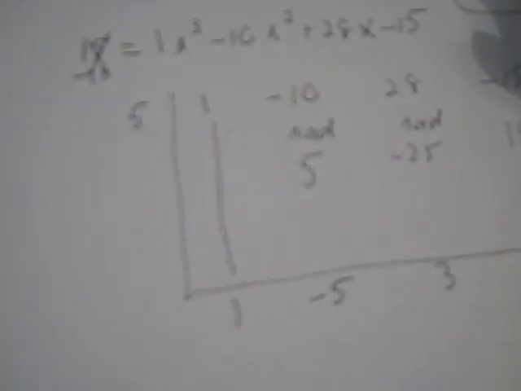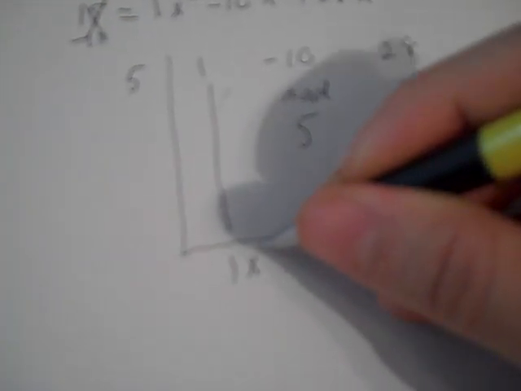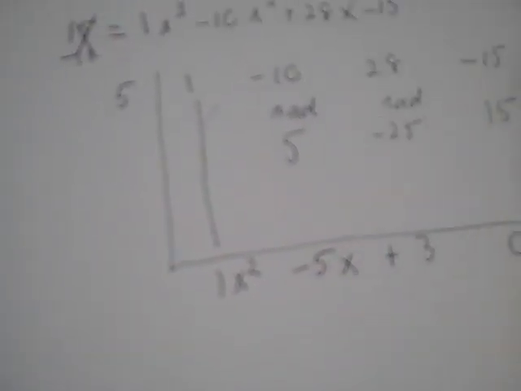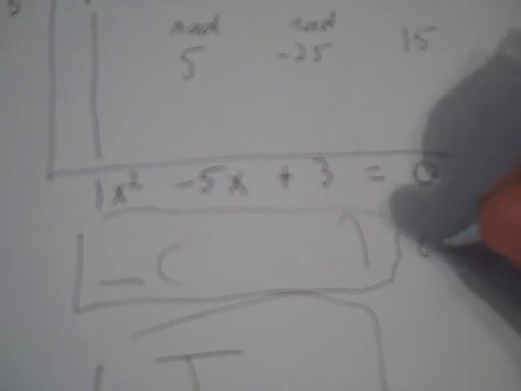Now this one's not quite as quick because the 1x to the second minus 5x plus 3 equals 0. Well, now I can't isolate x squared because we have a 5x, so with the 3 terms, I need to go to my GCF and T. Okay, GCF, negative in front, nope.